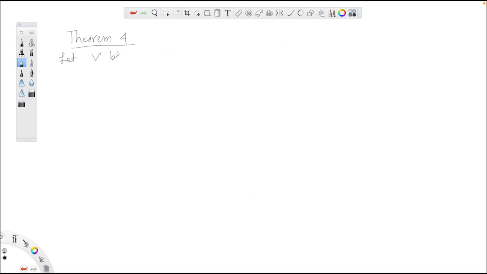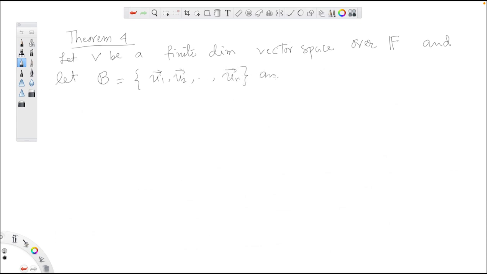Let V be a finite dimensional vector space over the field F, and let calligraphic B, which is the set u1, u2 all the way up to un, and calligraphic B prime, another set u1 prime, u2 prime all the way up to un prime, be two ordered bases for the vector space V.